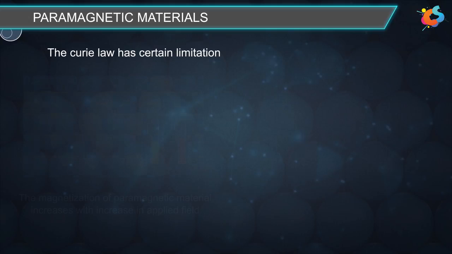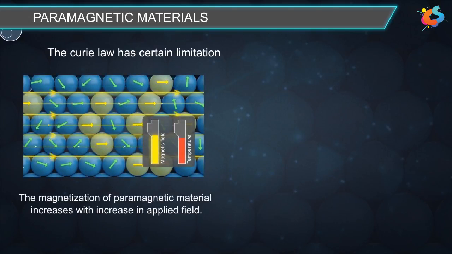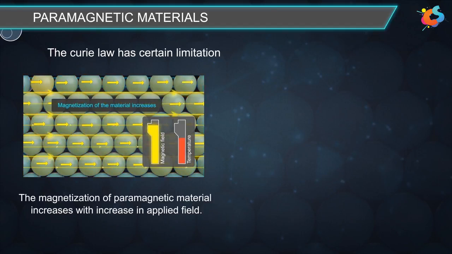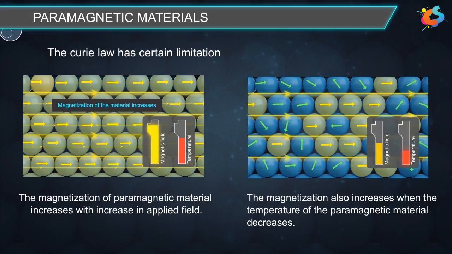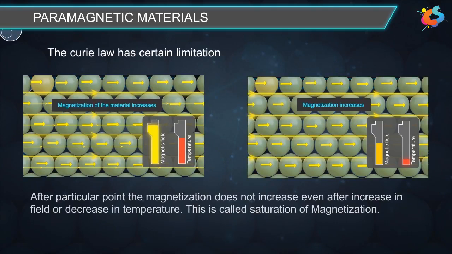Earlier we learned that the magnetization of a paramagnetic material increases with increase in applied field. The magnetization also increases when the temperature of the paramagnetic material decreases. In both of these cases, after a particular point, the magnetization does not increase even after increase in field or decrease in temperature.